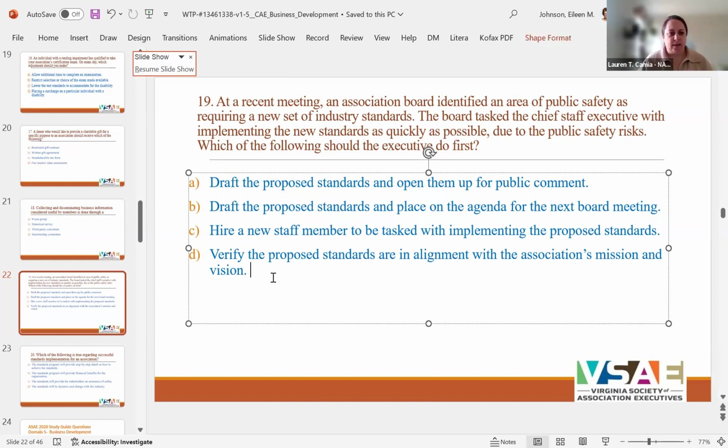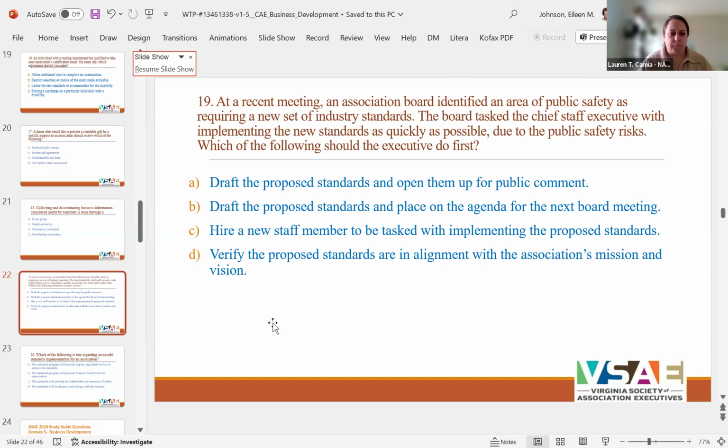I'm taking the advice and exam tips that we got at the very beginning of this session and focusing in on the key part of the question: which of the following should the executive do first? To me, C doesn't fit that criteria. I feel like that's a step down the road.